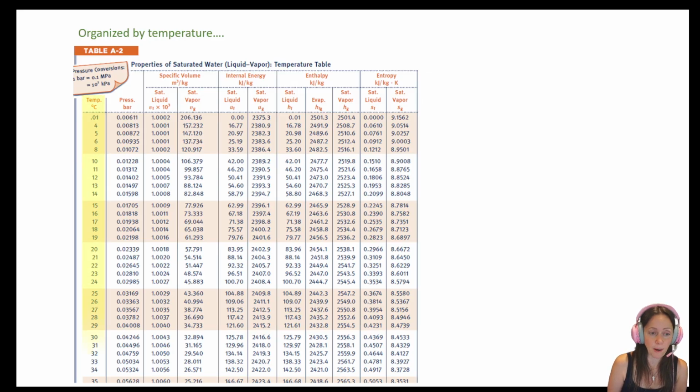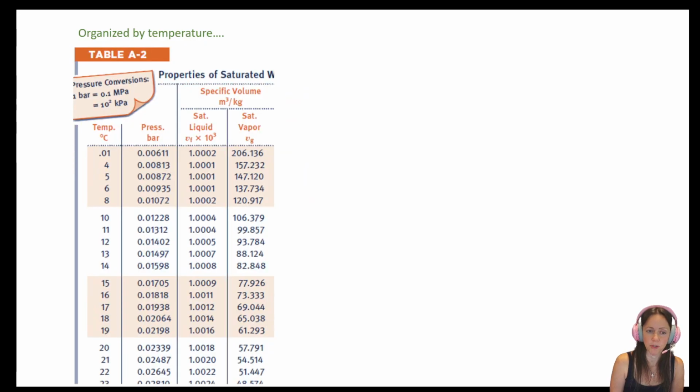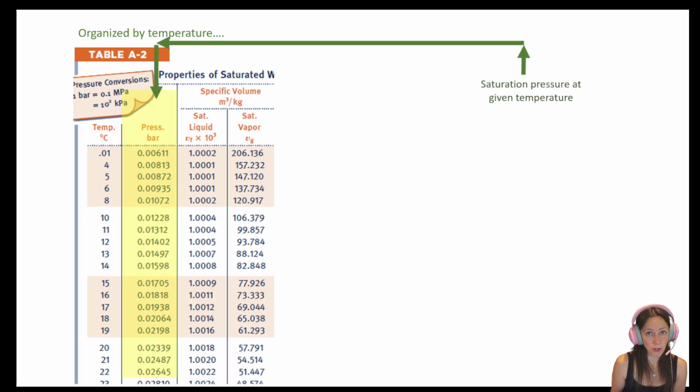It is organized by temperature. And I'm just going to be looking at those first four columns. I've got temperature, pressure, and then I've got two columns dedicated to specific volumes. So temperature, pressure, and that pressure is our saturation pressure at whatever that temperature is, right?